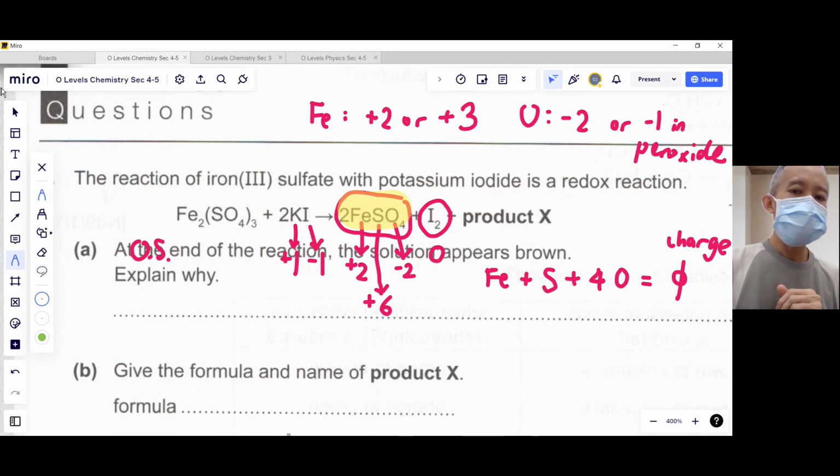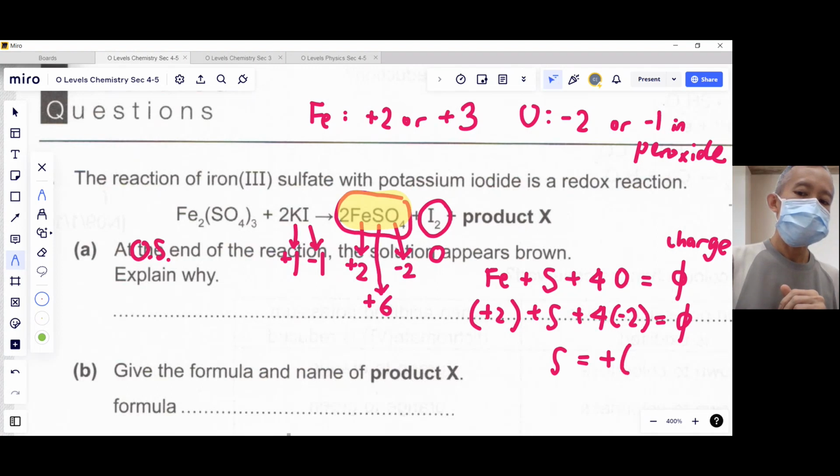Since I know iron is +2, sulfur is unknown, and oxygen is -2, what is sulfur? If you work out your algebra correctly, you get +6.